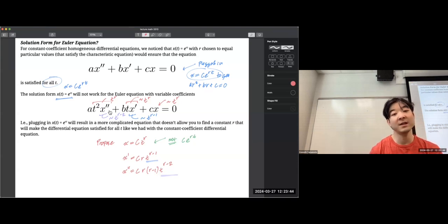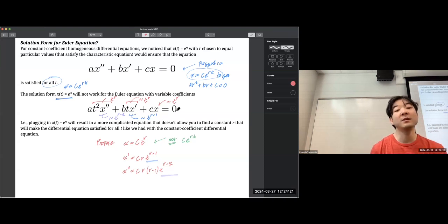So that's the motivation: the equidimensional equation is a very special type of equation that allows us to use this solution form, where whenever we take successive derivatives, because of the power rule, the exponent goes down by 1 or 2, but we're compensating for that by multiplying by t squared or t. So if we plug this solution form in, every single term will become a t to the r term, and then there's hope of getting all of those to cancel each other to equal 0.